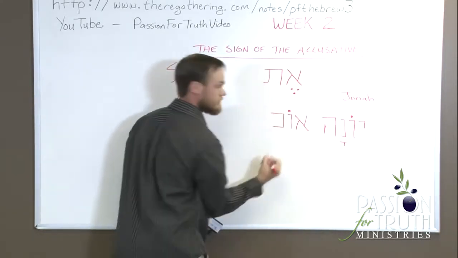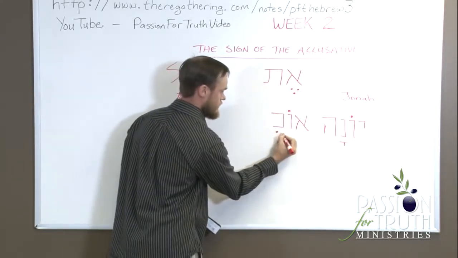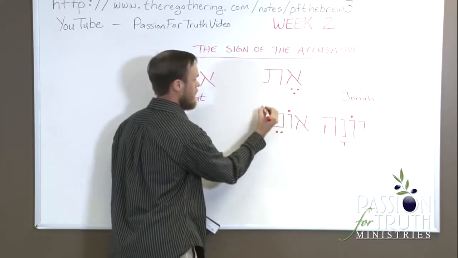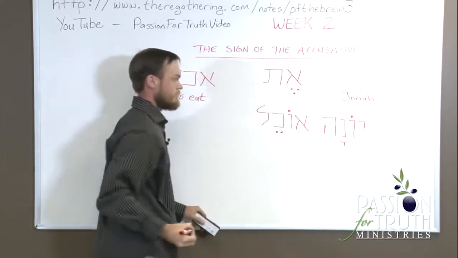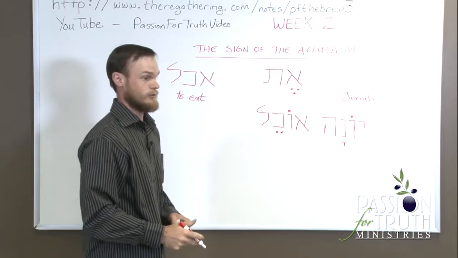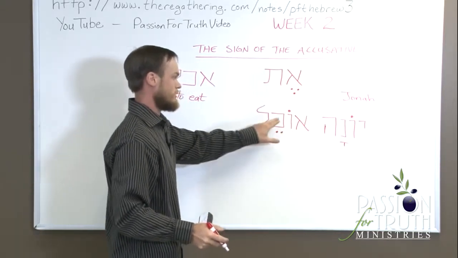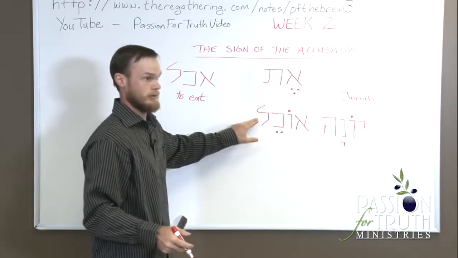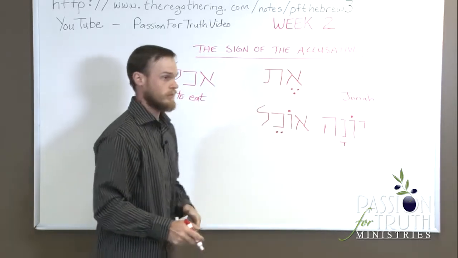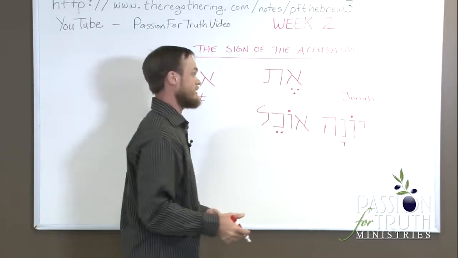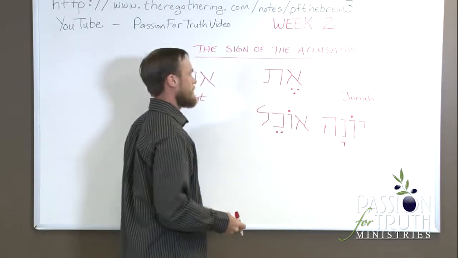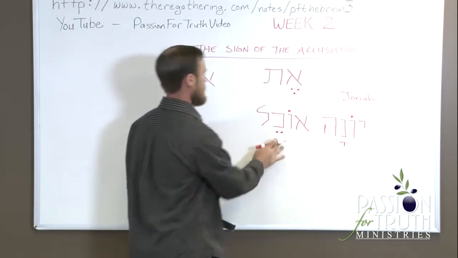Second radical, tzere vowel. And third radical. If you follow along with the notes from last week, see the pattern: first radical, cholam; second radical, tzere; third radical. Ochel. He is eating, or is eating. So Yonah is eating.